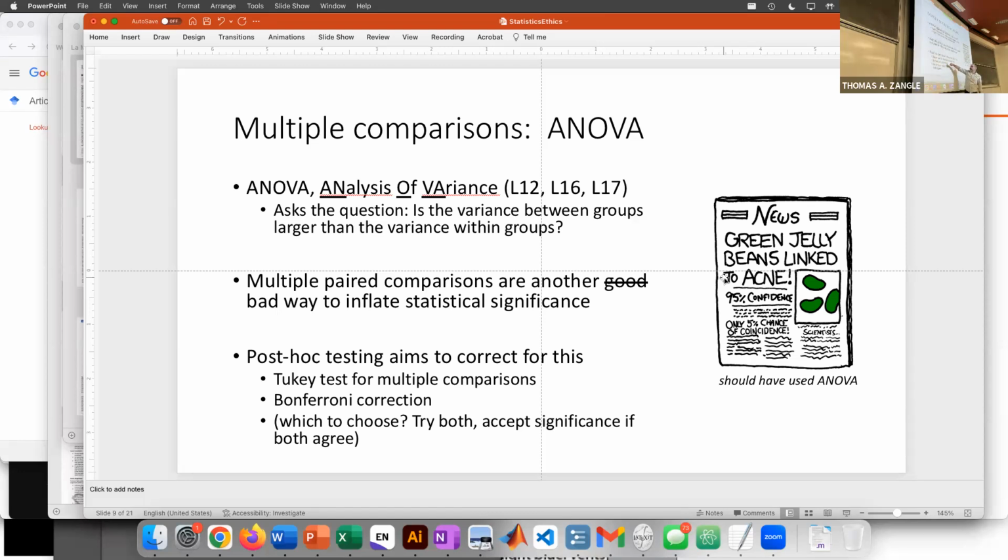In the Bonferroni correction, one of the numbers you had to compute is the corrected level of statistical significance when you're doing multiple comparisons.